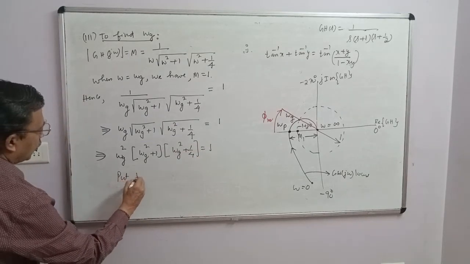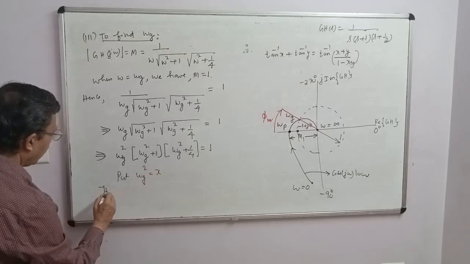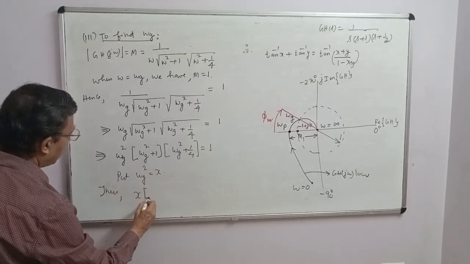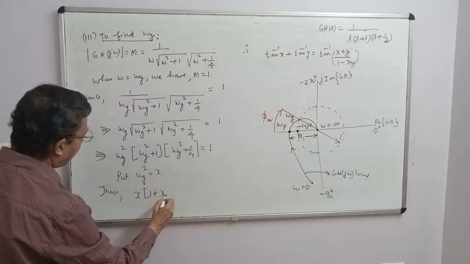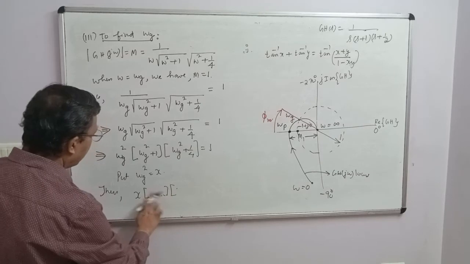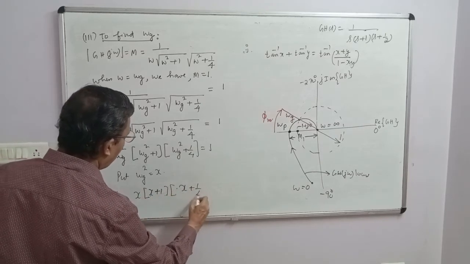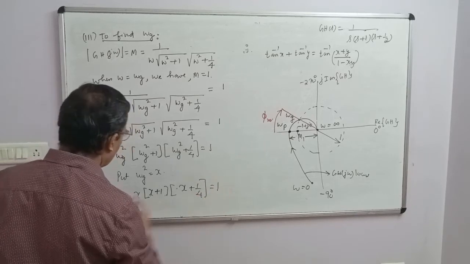Put omega g square equal to x. Then x into x plus 1 into x plus 1 by 4 is equal to 1.